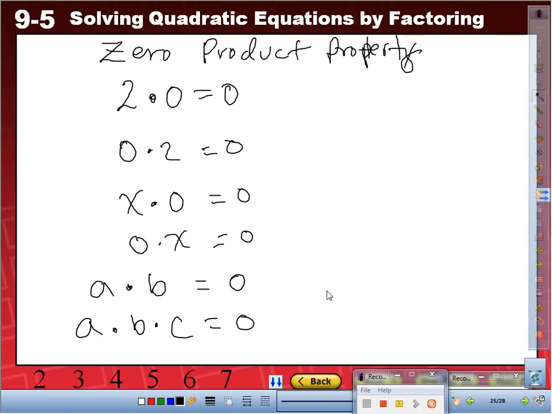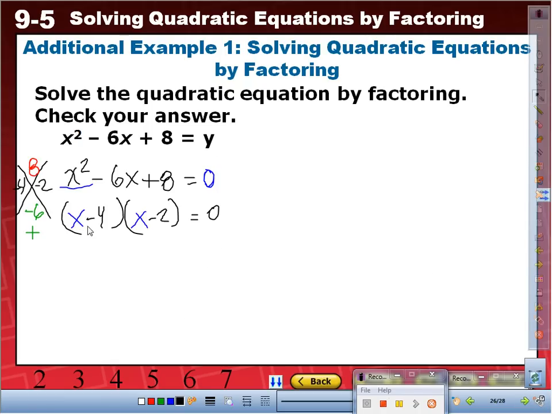So that means I need to write this. A equal to 0 or B equal to 0. Is that correct? So now check this out. Look at this step. These two are multiplying, right? And if the answer is 0, this could be 0, or this could be 0. That's why we need to write x minus 4 equal to 0, x minus 2 equal to 0.